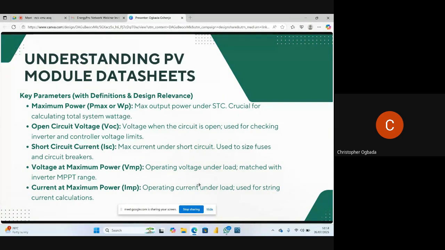So the short circuit current is important for sizing your breaker or fuses, depending on which electrical component you are using for the protection.